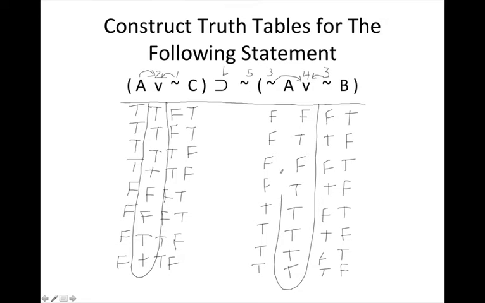And then lastly, we're going to, not lastly, I'm sorry, I apologize. Second to lastly, we're boxing up this column here under the wedge so that we can remember what we're rejecting here. So we've got true, false, true, false, false, false, false, false.